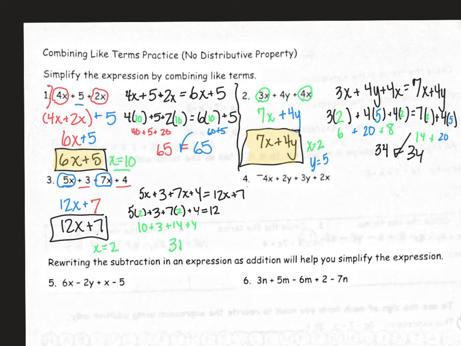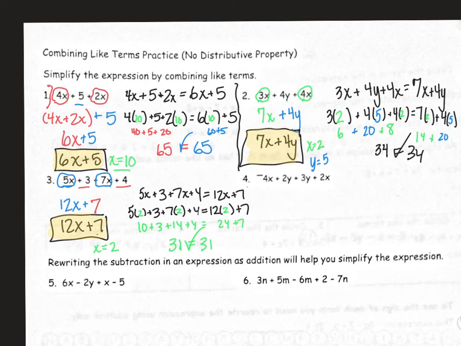So that means 12 times x plus 7. And I'm using 2 for x here, so I substitute it in. So 2 times 12 is 24, plus 7. 24 plus 7 is 31. Aha, it checks now. So now I have the correct solution, or the correct simplification.